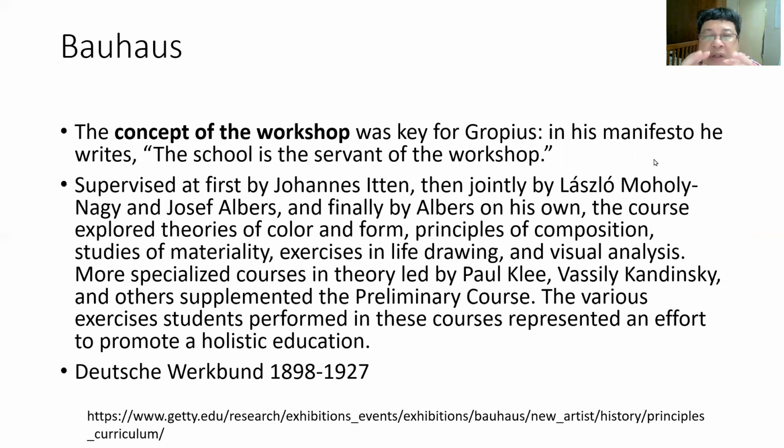So everything happens in that workshop, all the ideas, where tutors and students come into collaboration, and they teach theories of color and form, principles of composition, studies of materiality, and exercises in life drawing and visual analysis. There were artists, there were artisans; architecture wasn't really the bigger deal in the beginning. Later on it was.